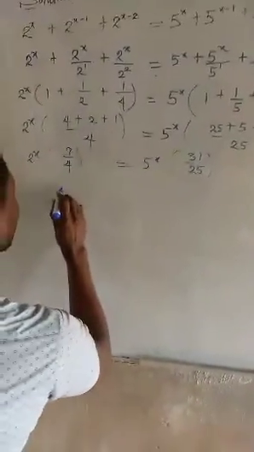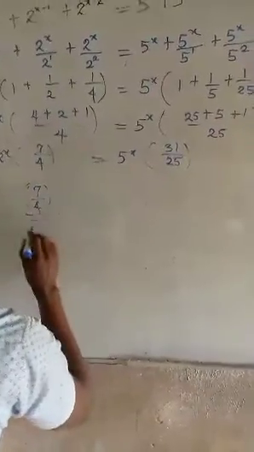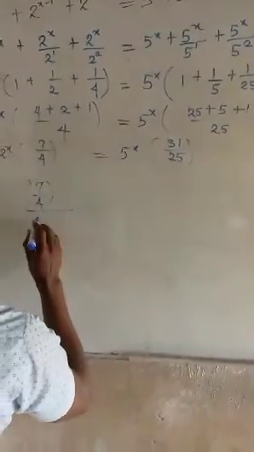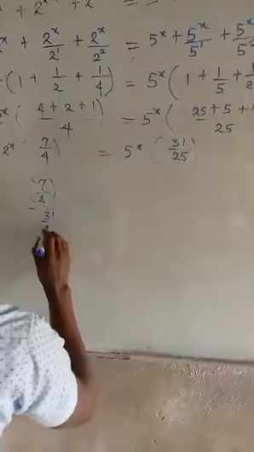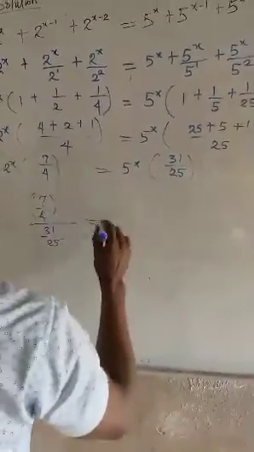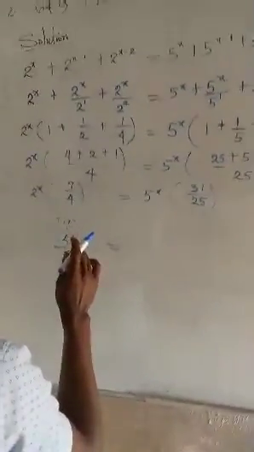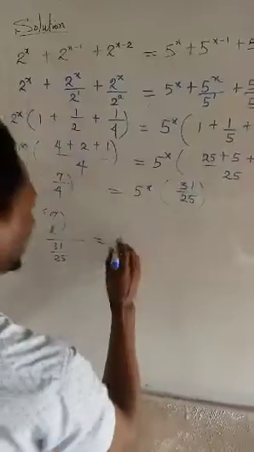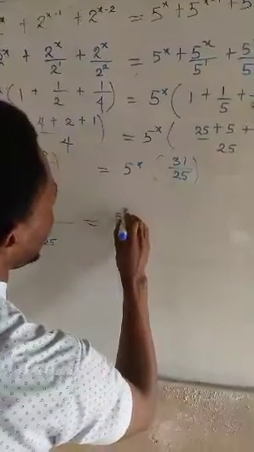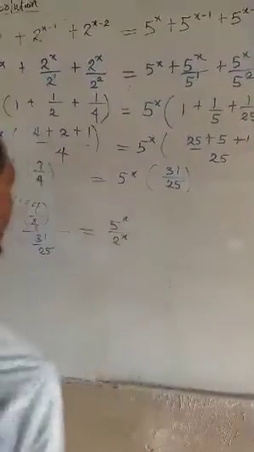We have 7 all over 4 all over 31 all over 25 equals to, this divided by this, we have 5 raised to power x all over 2 raised to power x.